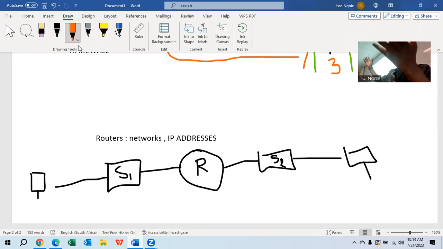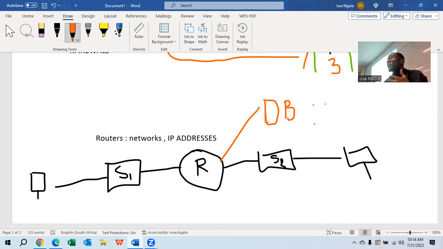When somebody gives you a Wi-Fi password, your device will send the MAC address of your phone. Routers will have a database, a DB, very important. But technically, that database we call a routing table. This is what you have to understand for the exam: routing table.